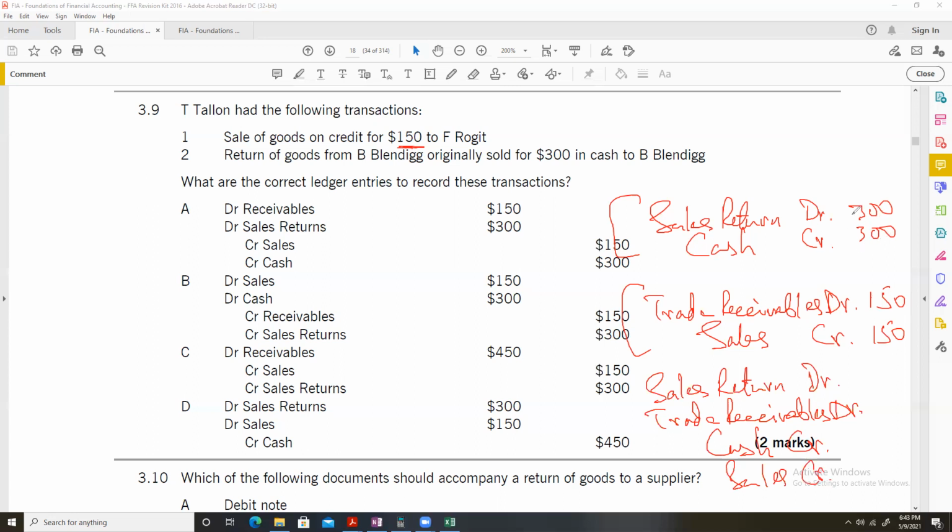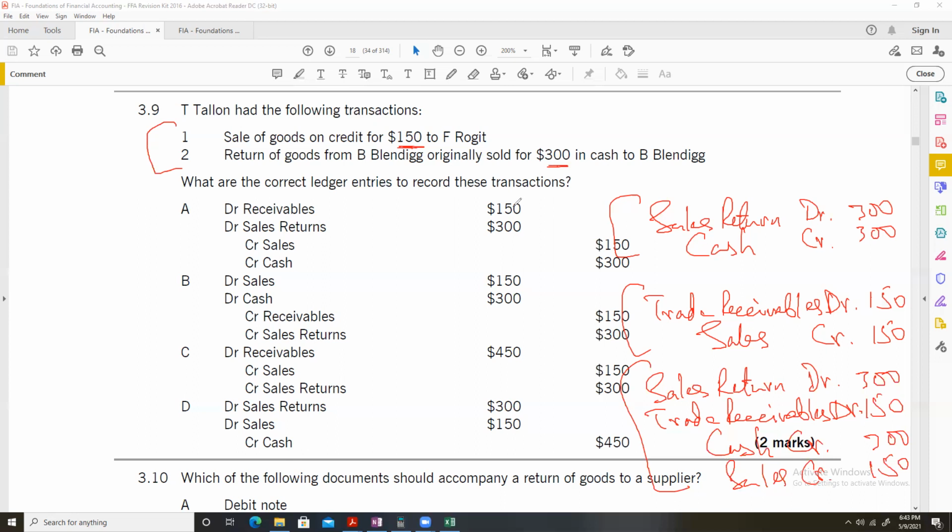So how much is the sales return? 300 debit. And how much is the cash? 300 credit. How much are the trade receivables? 150. And sales is how much? Again 150. So this is the double entry that we will record for these two transactions.